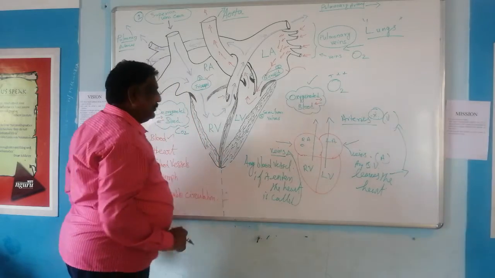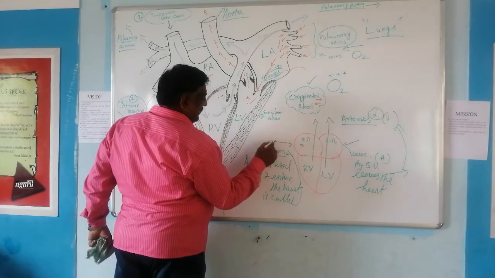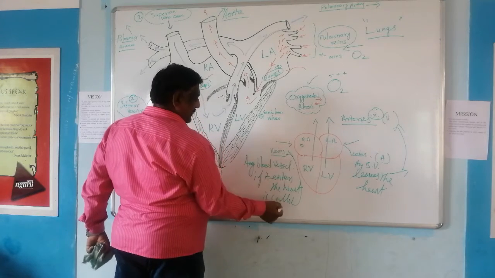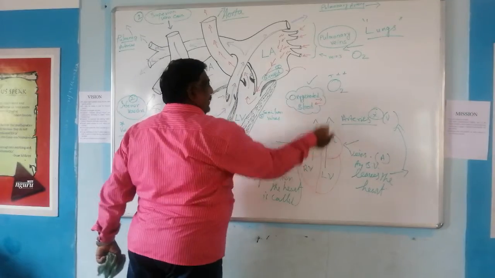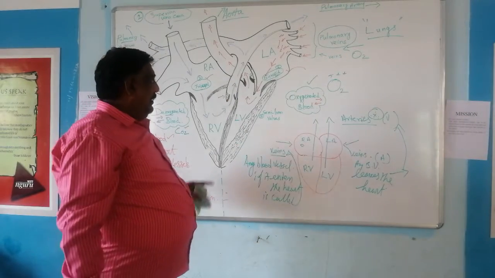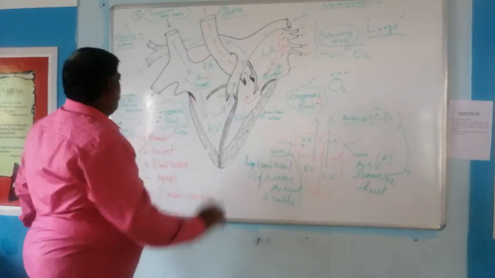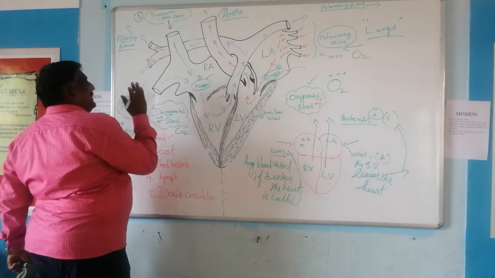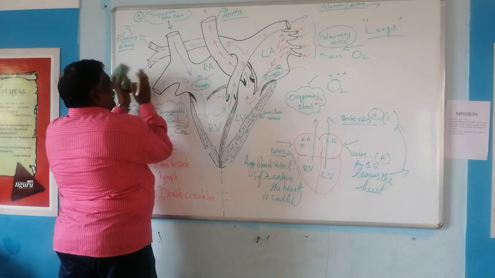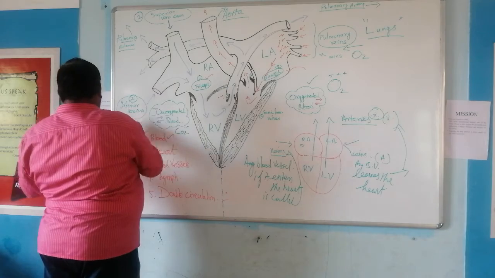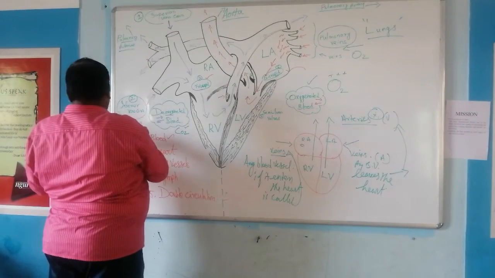Now I am going to show you. We said any blood vessel going towards the heart is a vein, and anything going away from the heart is an artery. I have just made all the arrows. See, first you make the arrows, then color the arrows, starting from here. I started with blue color. These are bringing blood from the body.